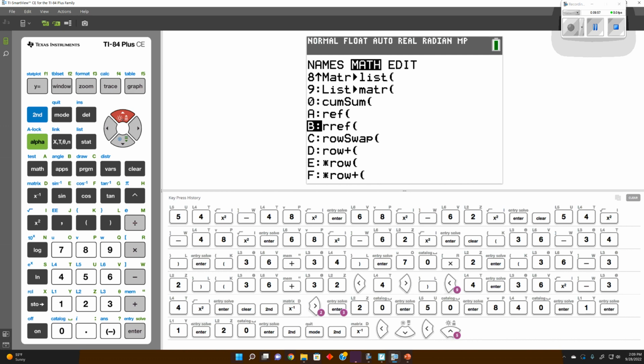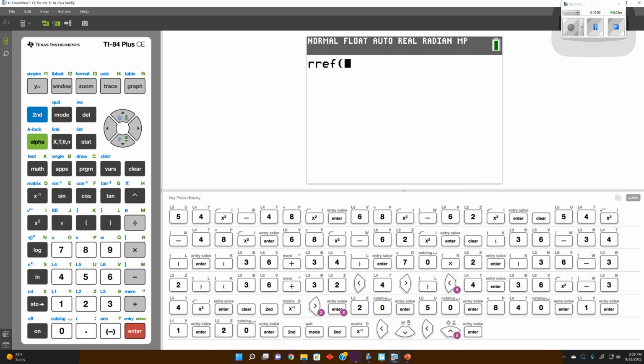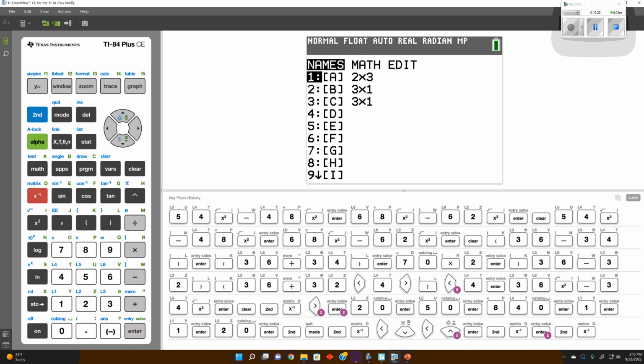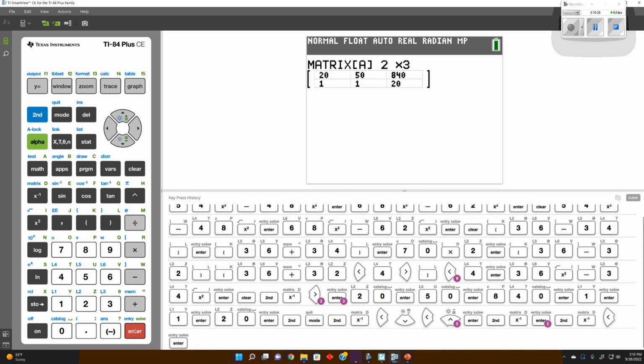RREF, second matrix A. Because I think it was 30? I don't think it was 20. Yeah, it was 30 for short here, not 20. So second matrix. Edit. Because this should have been 30.